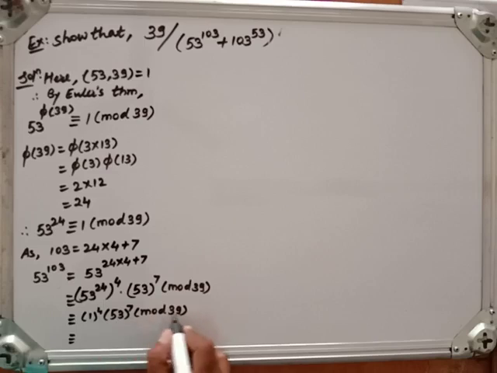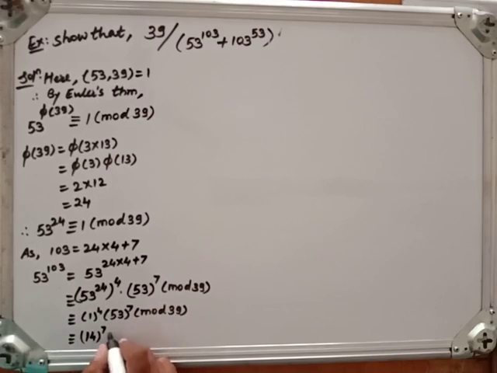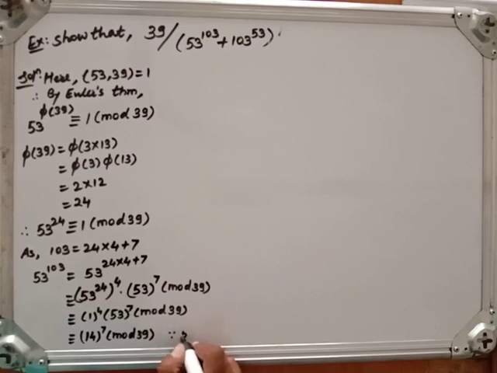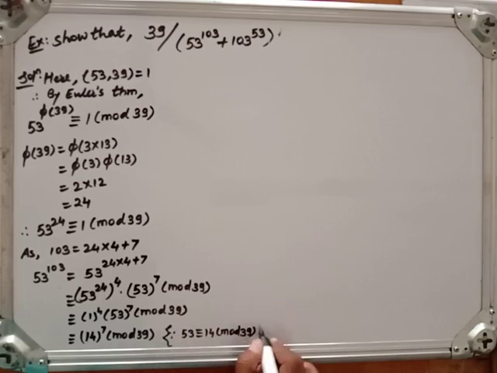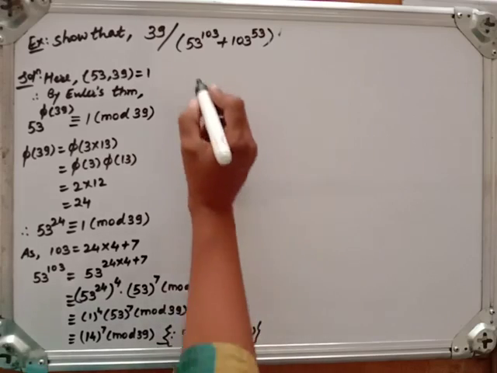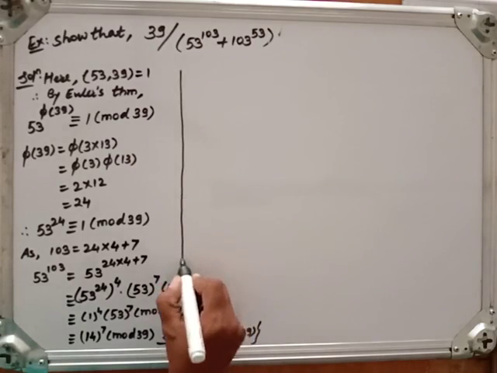This base 53 modulo 39 is 14. So it will be 14 raised to 7 modulo 39. Why? Since 53 is congruent to 14 modulo 39. This is the reason for this step.